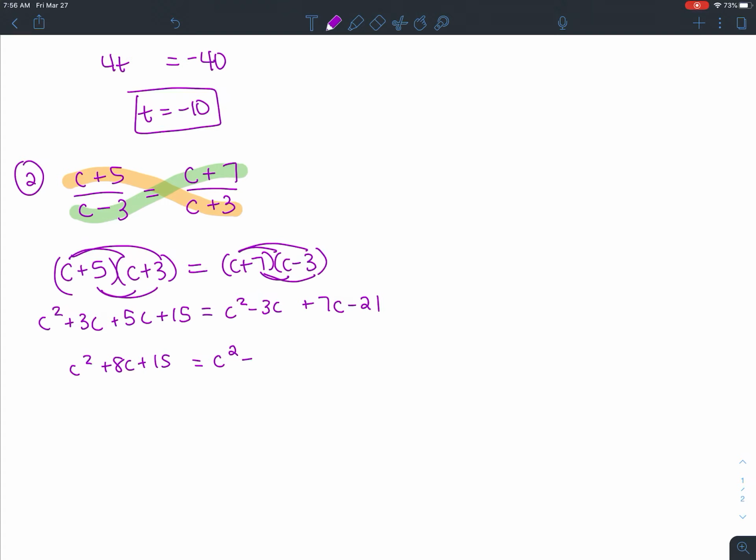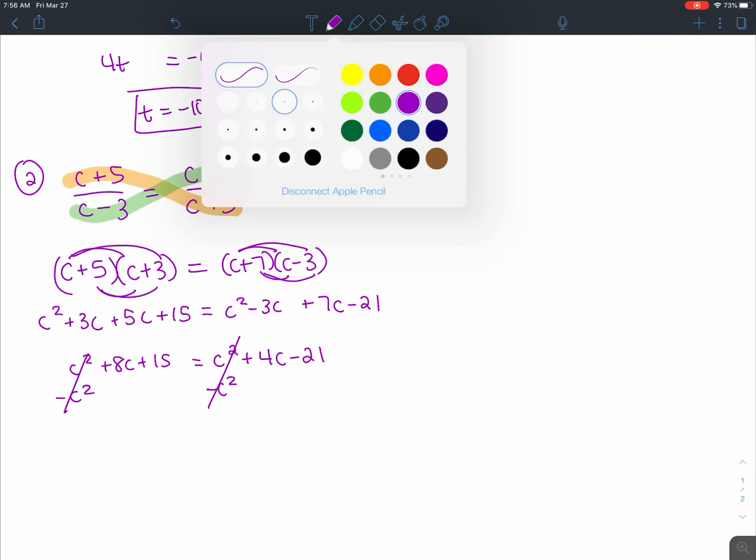So that becomes c squared plus 4c minus 21. Now, I've got some c squareds here, and I want to put them on the same side if I can. So I'm going to subtract, but that ends up canceling both of them, which is totally fine. So now I have 8c plus 15 equals 4c minus 21.